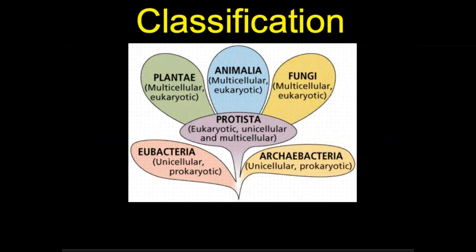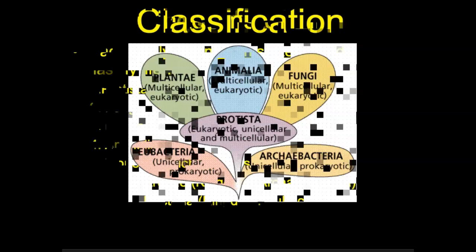Okay, so when we look at the different kingdoms of life here on Earth, we can see that there's plants, there's animals, there's fungi, there's protists like the amoeba or the paramecium. And then there are two within the bacteria kingdom: eubacteria, which are the common bacteria that we see here on Earth, and the archaebacteria, which are essentially bacteria that you find in really extreme environments, like at the bottom of the ocean or in volcanoes and whatnot.